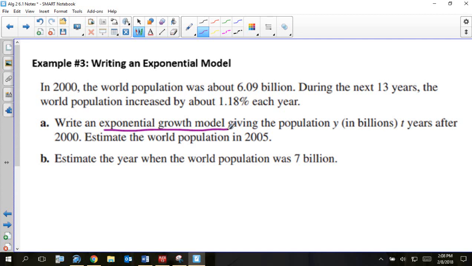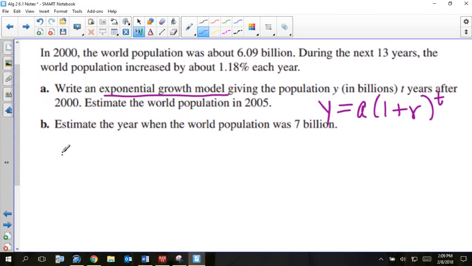So those formulas, are they still at the top of the paper? Yeah, they're on your paper. We're using a growth. So that's going to be y equals a parentheses 1 plus r to the t. We have to write something that looks like that for part A. What do we know?